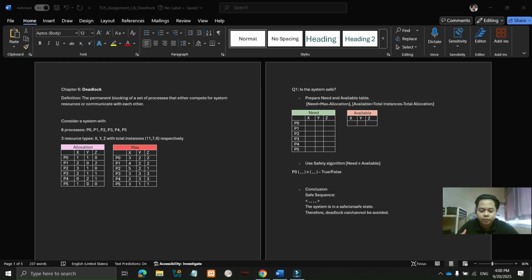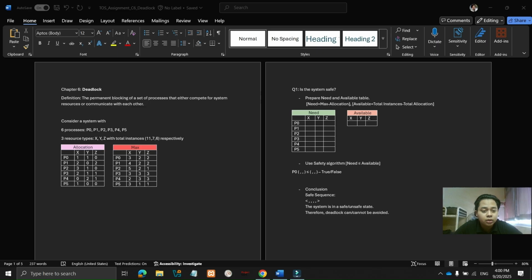This tariff movement also makes China sell the semiconductors, so to the Western Hemisphere the semiconductors become more expensive. So this set of processes is blocked by each other. Therefore, that's how deadlock is defined.